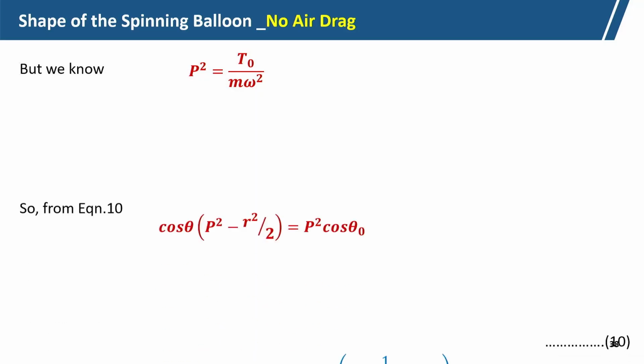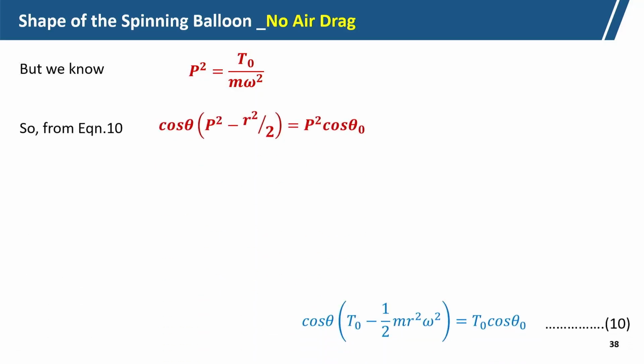But we know P square equal to T0 by m omega square, with no air. Now, here what we do, the T0 we just replace here.